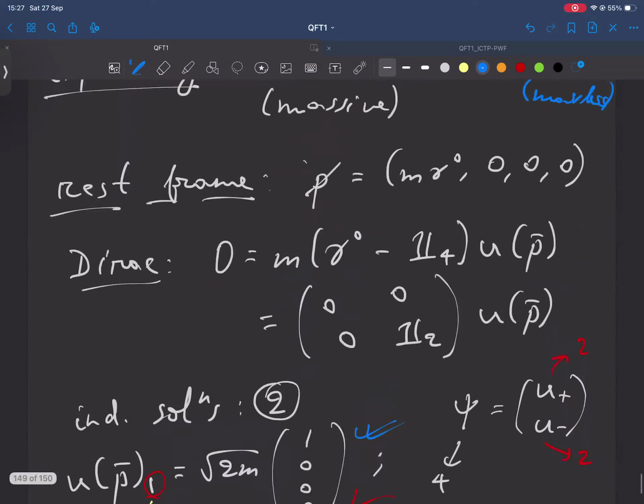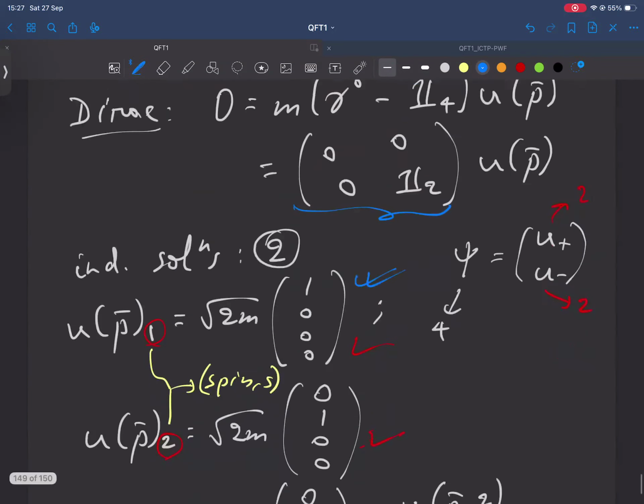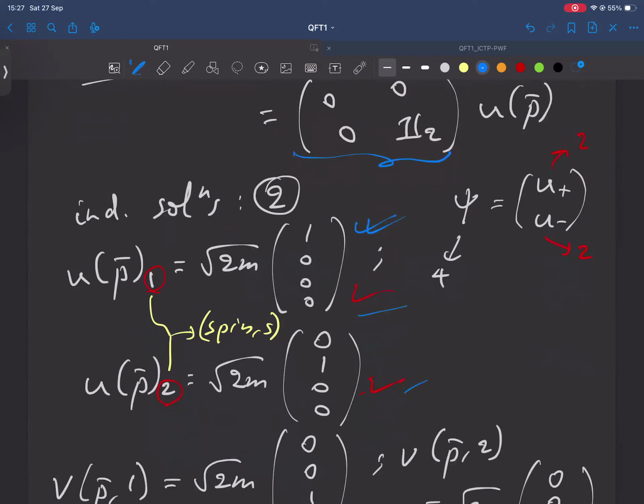We took the rest frame just for simplicity, so that this is a simple matrix and I can write down its independent solutions. But the Dirac equation is Lorentz invariant, so its solutions will transform in a Lorentz covariant way. And you can find a similar u, let's say a u_Lambda, in some transformed coordinate system.